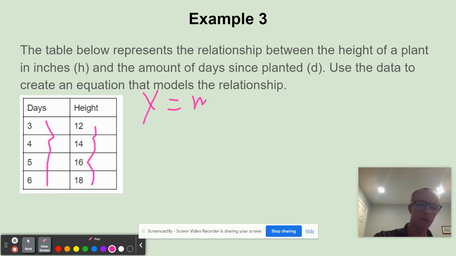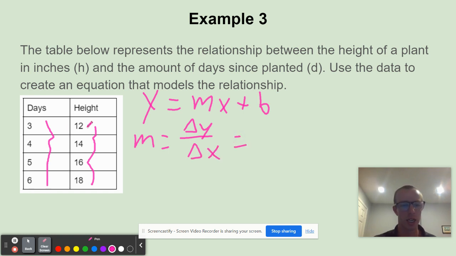All right, y equals mx plus b. All right, let's see what I got here. I need to find m, the change in y over the change in x. How much is y changing each time? Looks like 2. X is changing by 1, so the slope is 2.